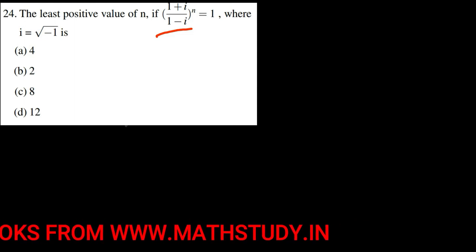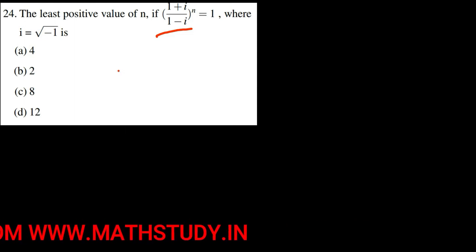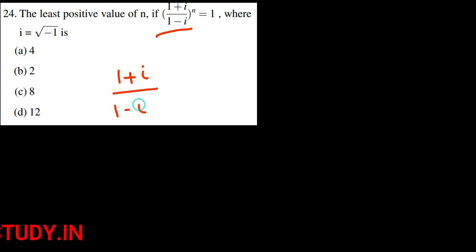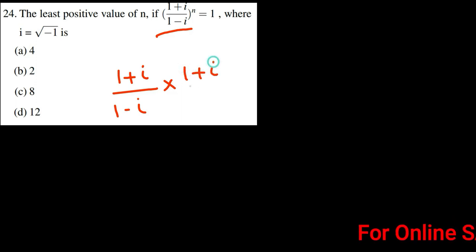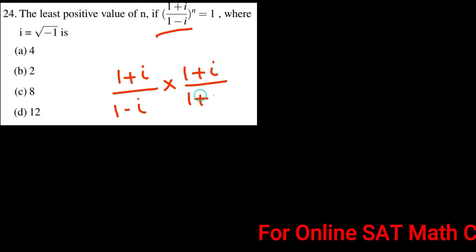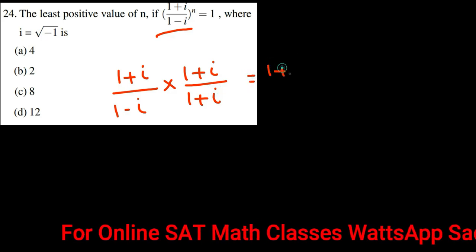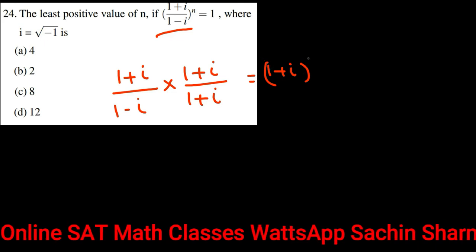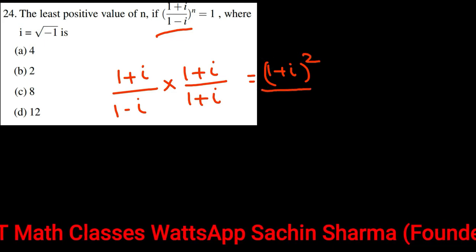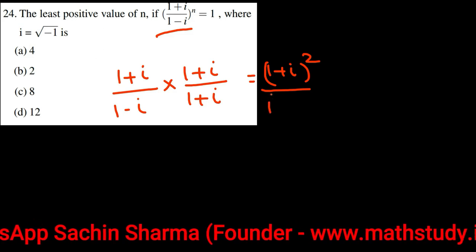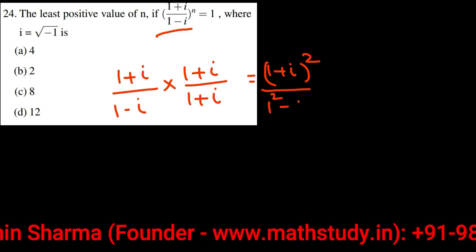So what we'll do here, we will just rationalize this first. 1 plus iota upon 1 minus iota. We can rationalize the denominator first, so we multiply by 1 plus iota upon 1 plus iota. In the numerator we get 1 plus iota whole square, whole upon 1 minus iota into 1 plus iota, which is a square minus b square, that is 1 minus iota square.